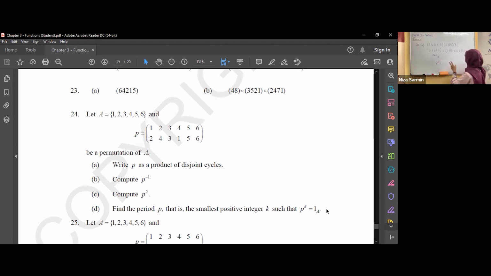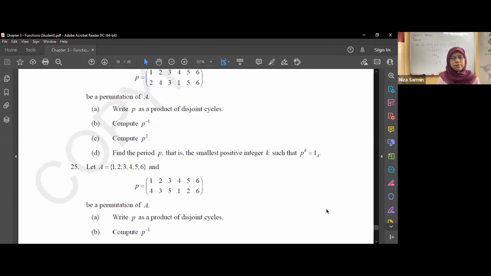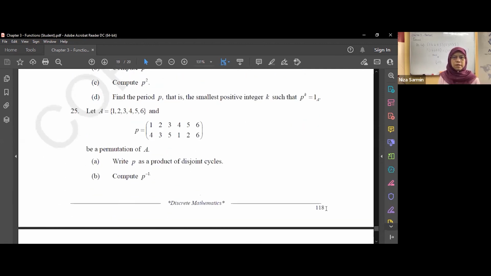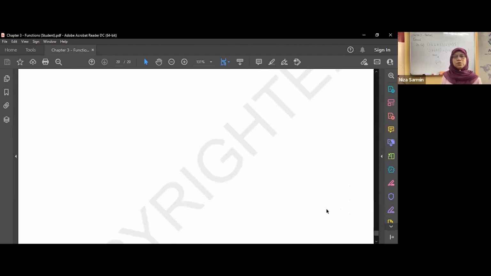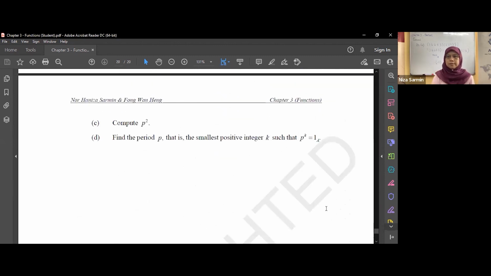Actually, the number is like this. 1, 2, 3, 4, 5. Actually, you do 5 times if we go to 1. So actually the length is the order. Okay, but you can try that later. Okay, next. 25. The same thing. And squared, right? So I think you can do this because I have to stop now, Hannah.